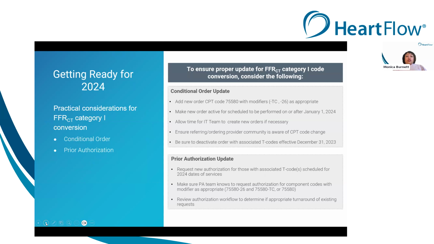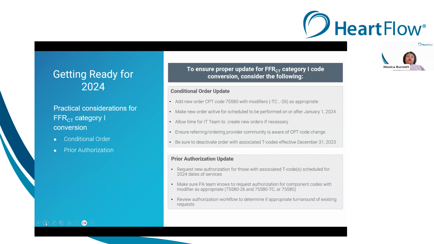The other area to get ready for is your prior authorization workflows and your conditional order. Starting with the conditional order, you want to make sure your orders have been updated to fire off, because oftentimes those orders have CPT code charge messaging attached to them that feed your billing system. So make sure your order set is properly configured to send the right charge messages over to your billing system.